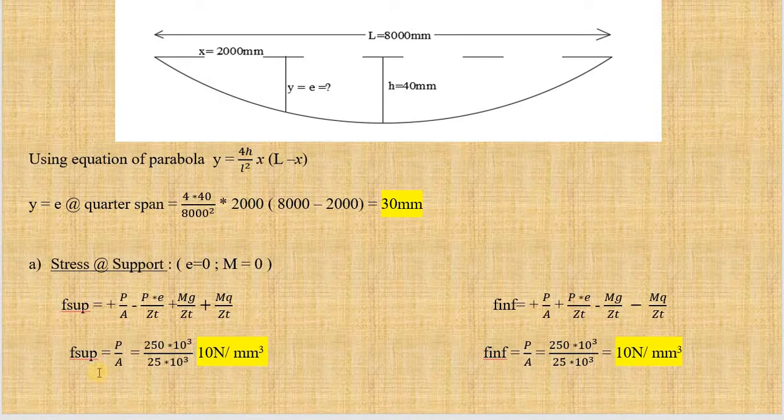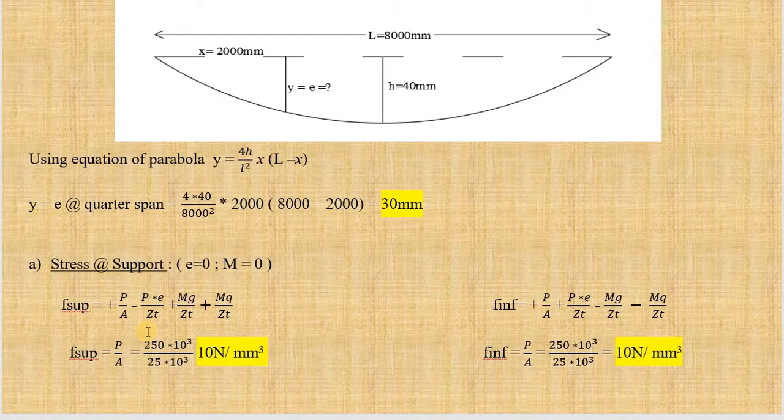And please keep one thing in mind. Here in the equation you can see F superior equal to plus P by A minus PE by ZT plus Mg by ZT plus Mq by ZT. This is for the top layer. For the top layer it is either ZT or ZB, both are the same, no changes in that.